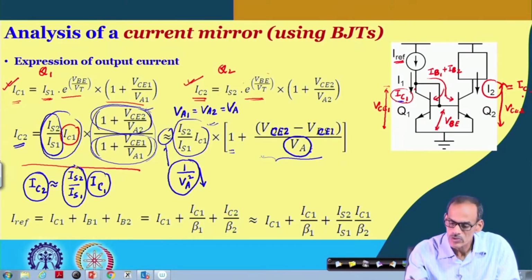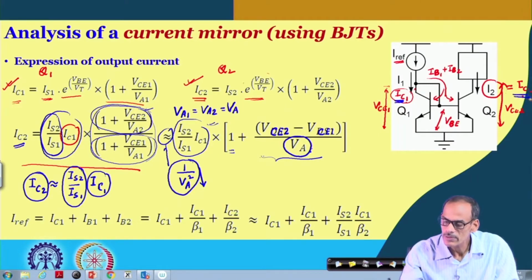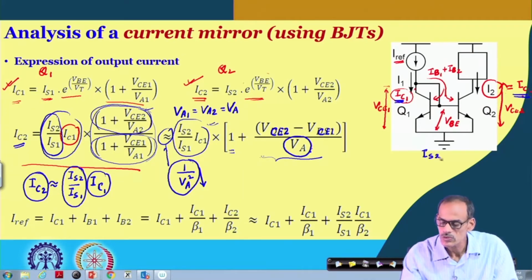So, whatever current we have is getting reflected or mirrored there by the mirror ratio of IS2 divided by IS1.